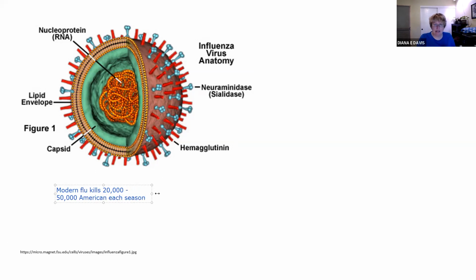Mostly this is young children, older people, and people with other pre-existing conditions, especially respiratory issues. If you've got severe asthma, for example, or if you are on immunosuppressants because you're being treated for cancer, or because you have an autoimmune disease. So all of these can make you more vulnerable.